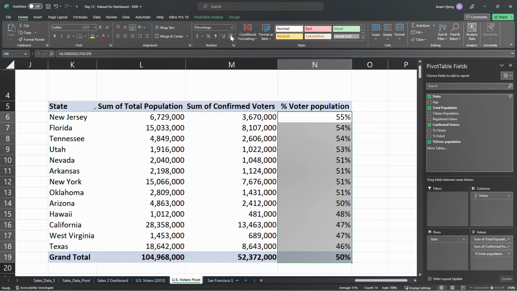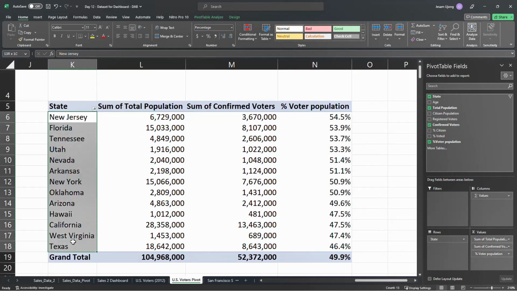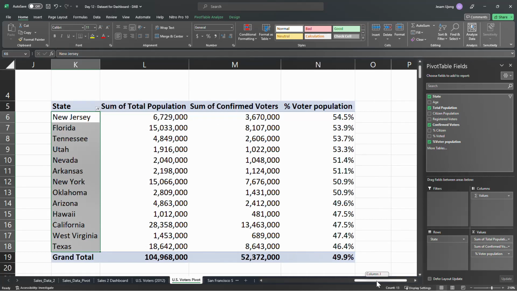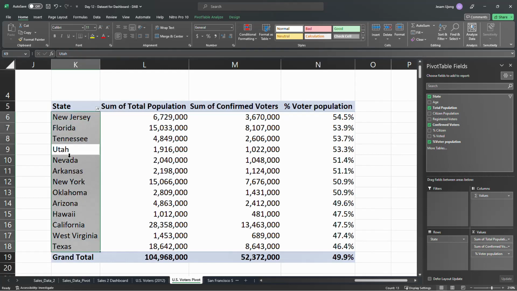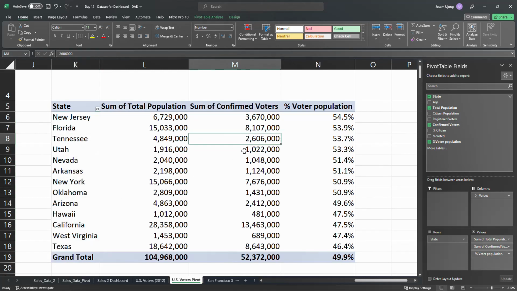So I selected less than 55% and I'm seeing 55% here. So when I add another decimal place, I see that it's actually 54.5%. Yeah. So here we see that we have 13 states that had a voter population below 55%. And they were New Jersey, Florida, Tennessee, Utah, and like we can see here.